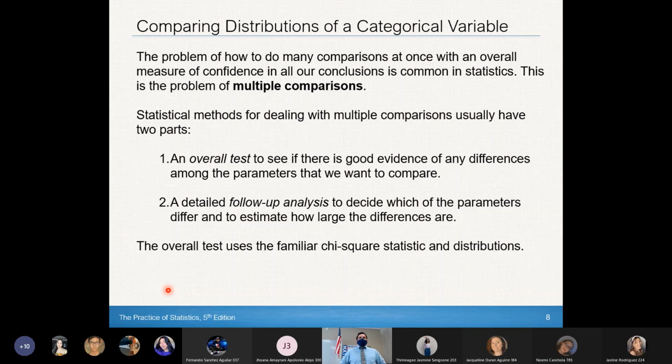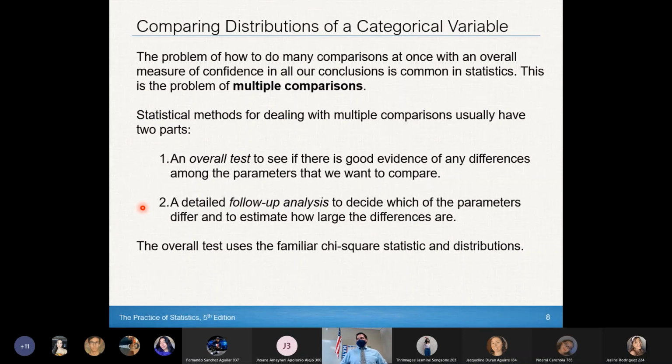Statistical methods for dealing with multiple comparisons usually have 2 parts. Number 1, an overall test to see if there is good evidence of any differences among the parameters that we want to compare. And number 2, a detailed follow-up analysis to decide which of the parameters differ and to estimate how large the differences are. A follow-up analysis is only necessary if significance is found.